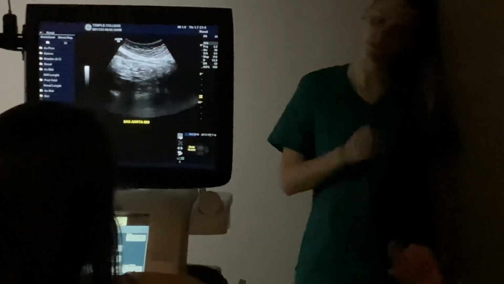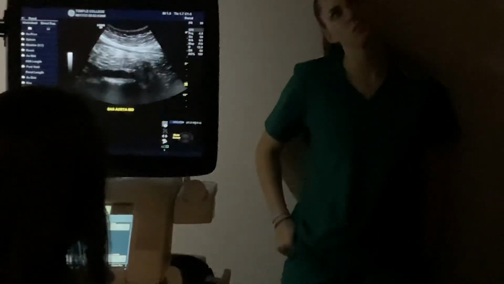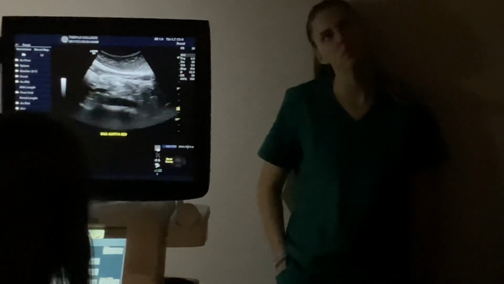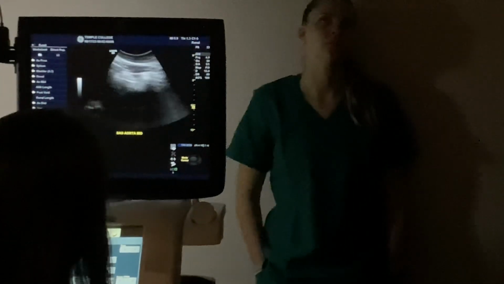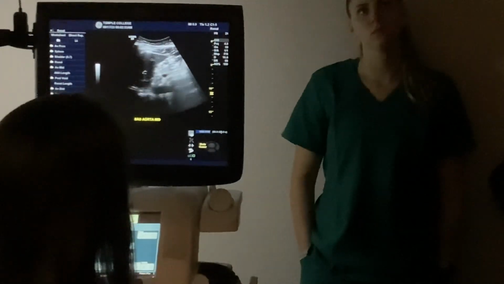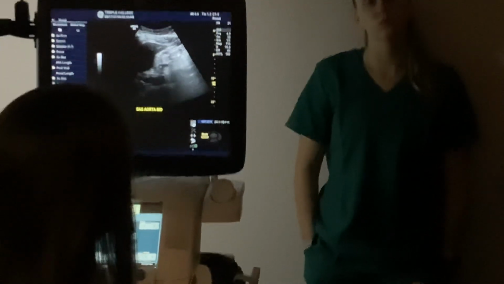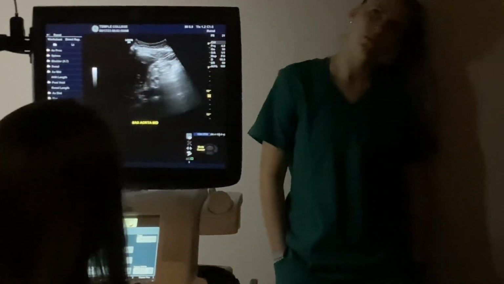And then notice how as you get more distal, that aorta gets a little more superficial. So then we've got to remember to change our image optimization, decrease your depth, change your focus, all that kind of stuff. Kind of see your cruise as you're breathing.